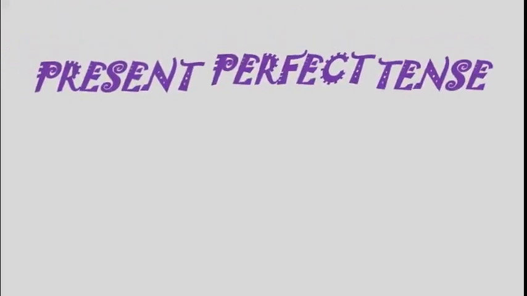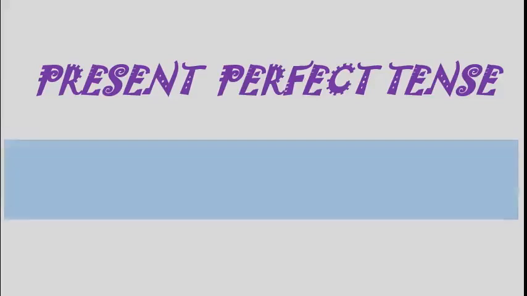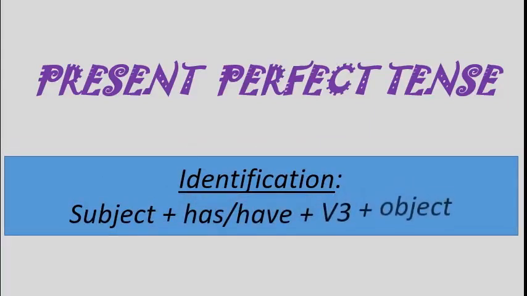Let's see the meaning and identification or structure of present perfect tense. It indicates an action that has been completed sometime before the present moment with a result that affects the present situation. Now let's see what is the identification or structure of present perfect tense.